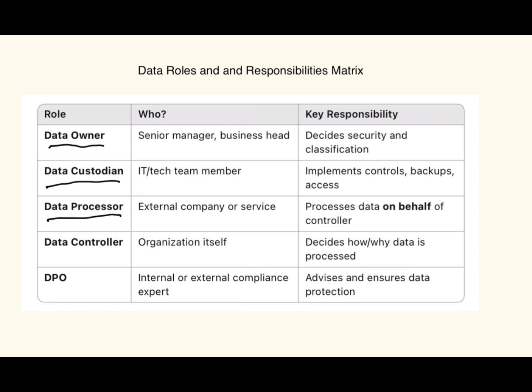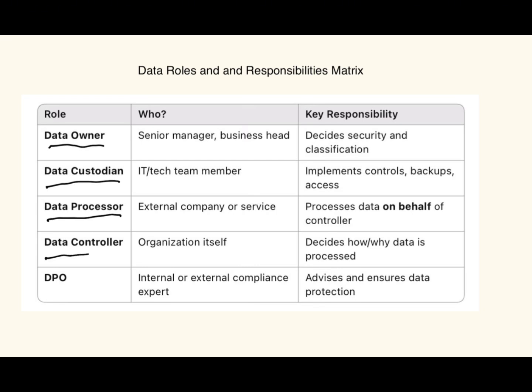Data processor is a GDPR term, an external entity or third party that processes data for someone else, acts on behalf of the data controller. Real life example, a cloud storage company like AWS storing your customer data, they process data for you, right? That is data processor.